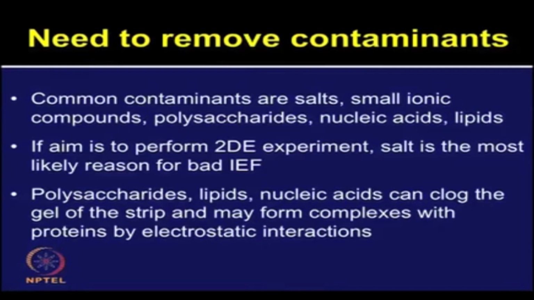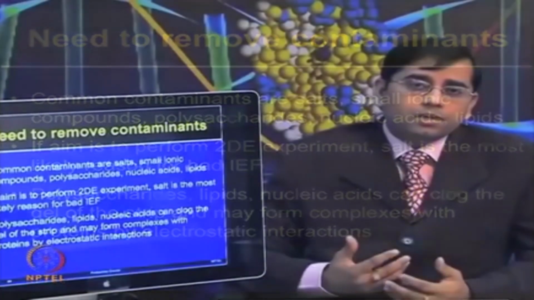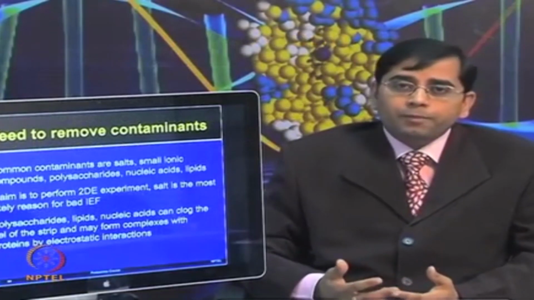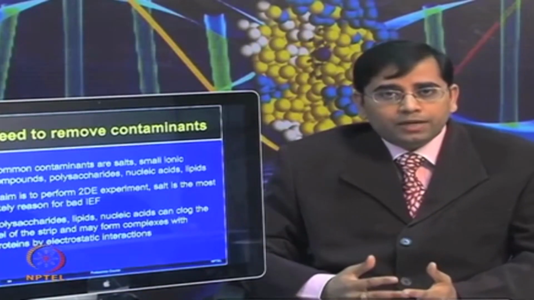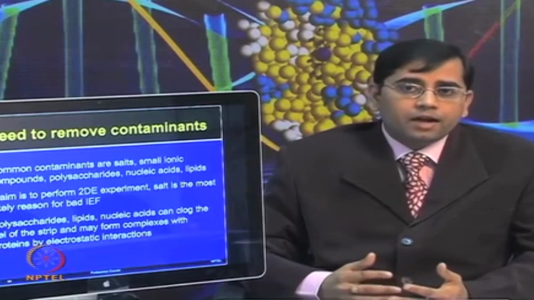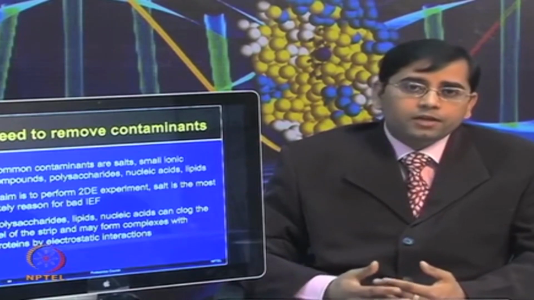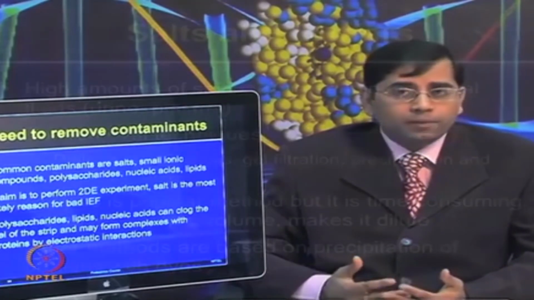These types of components can form complexes along with the proteins by electrostatic interactions, and when you are separating the proteins by using gels, they can form clogs on the gel. So, in gel based proteomic methods, these types of artifacts are going to affect the quality of the experiments very much.